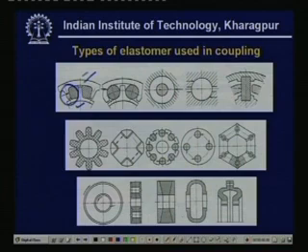Again this is the case, this looks like a trapezoid, where here it looks very much like a circle. Again this is compression. What you see here is again compression, you get compression from here, compression from there, but here you get both shear and compression.